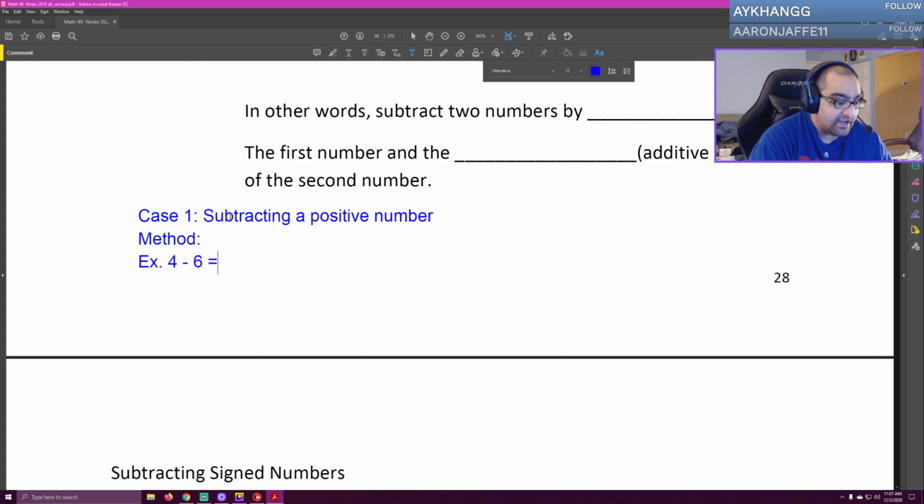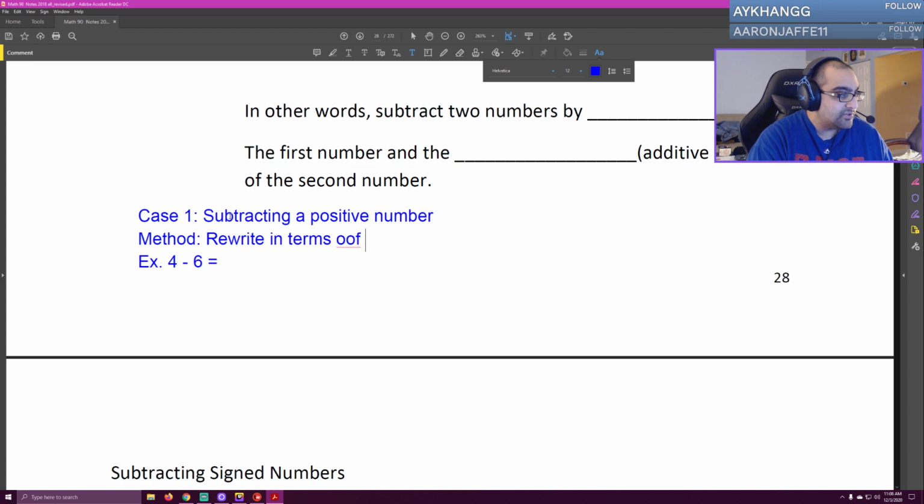This is what I had to start with, and I was asked, can I subtract those two numbers? Notice the 6 here is positive. I can say it as 4 minus +6 as an example. So what's the method to subtract a positive number, which could net you a negative number at the end of the day? Well, what we want to do is rewrite it in terms of an addition problem.